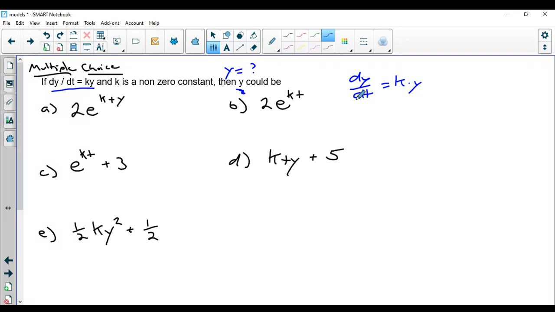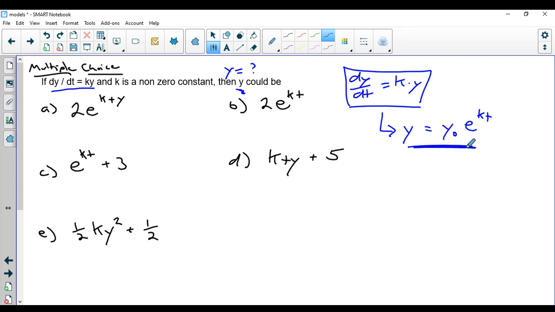Well, you see this specific differential equation: the rate of increase of y with respect to time is proportional to the amount of y present. That's exponential growth, which means the general solution is going to fit this form: y, or y of t, but maybe this time I'll just get lazy and call it y, is going to equal y naught, representative of the initial amount, e to the kt.